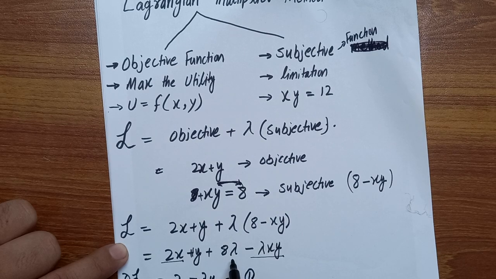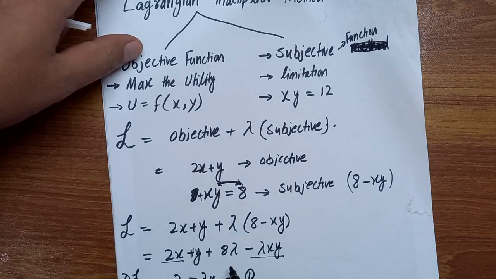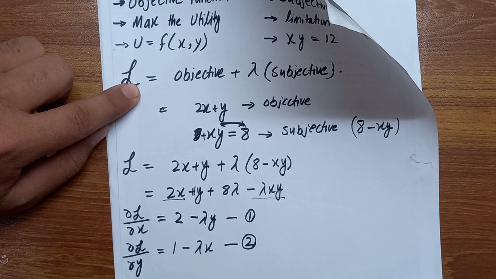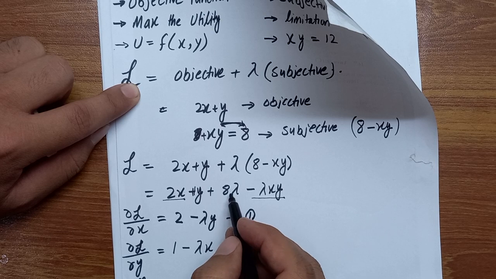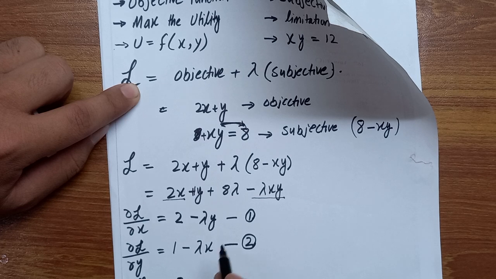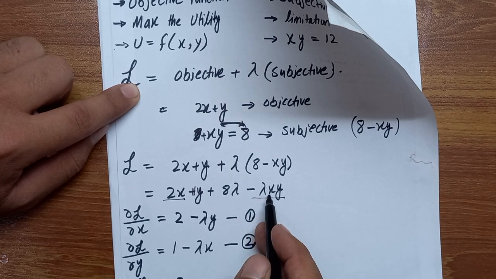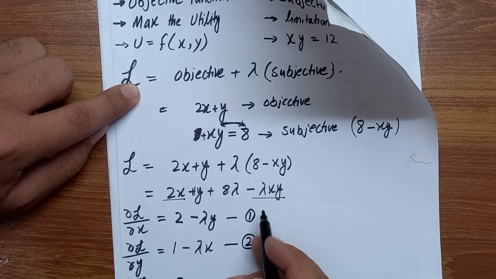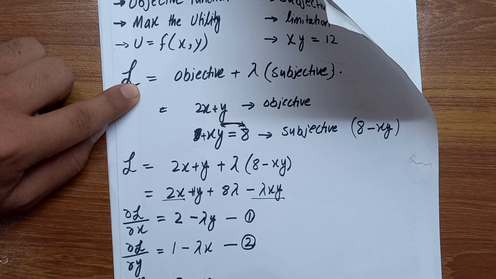Now we take the partial derivative with respect to lambda. Here lambda is removed and 8 remains, and in the other term lambda is removed so minus xy remains. This is equation 3.